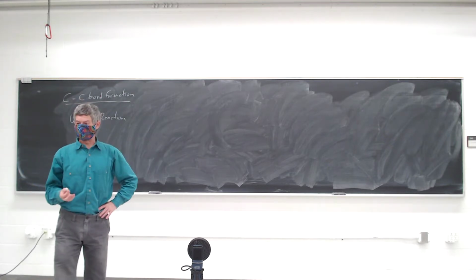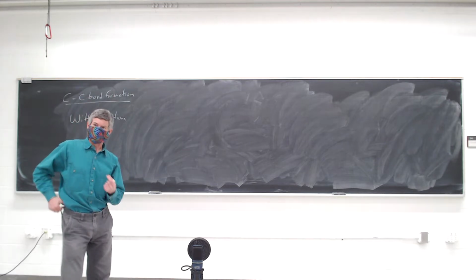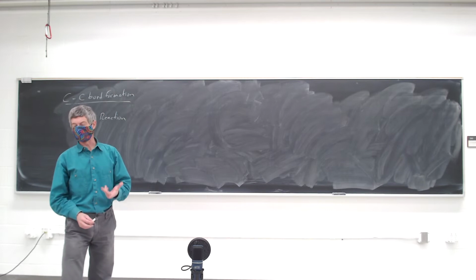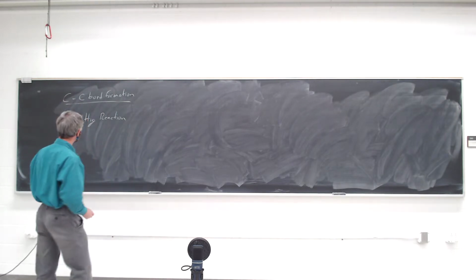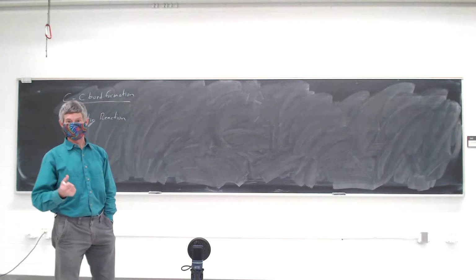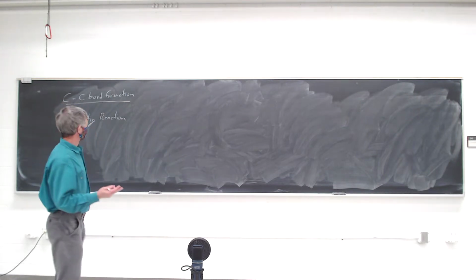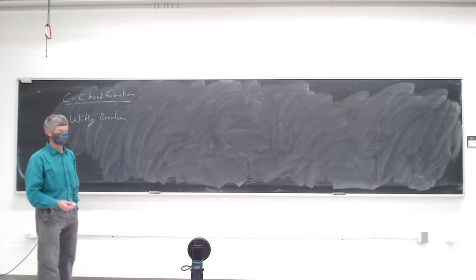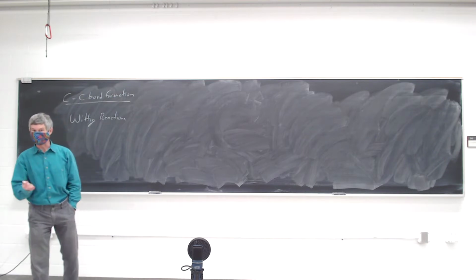It's a carbon-carbon bond forming reaction, and carbon-carbon bond formation is among the most important things organic chemists are trying to do to build up large molecules from small molecules. So I didn't recognize how important this was until I'd gotten it wrong on a quiz and an exam and on the final. And then I thought, maybe I should have learned that Wittig reaction. It seemed expendable at the time, but it's not.